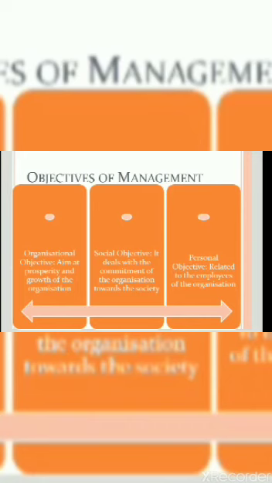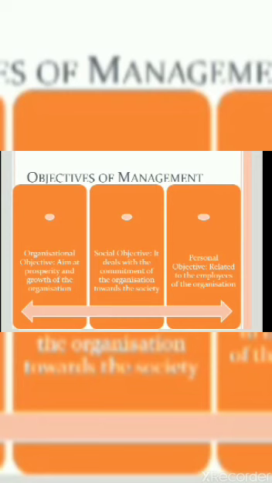Third and last objective is personal objectives or human objectives or individual objectives. These objectives are related to the employees of the organization, as employees are the most important resources of every company, and satisfied and motivated employees contribute maximum for the organization.